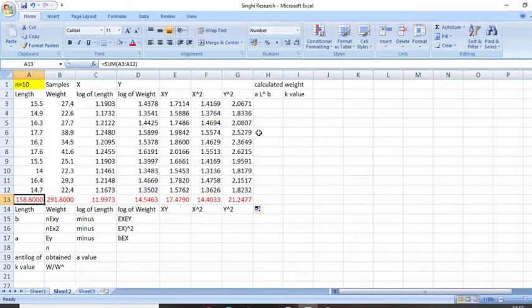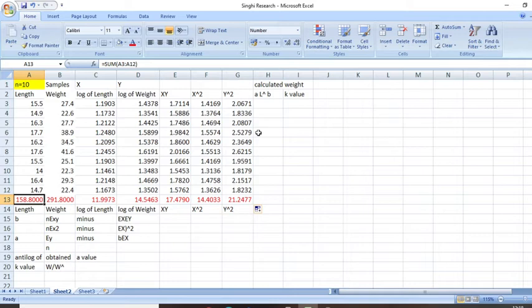So if we take natural logarithm with base e or logarithm with base 10, the above model will become a linear equation of log of W is equal to log a plus b log L, which is in the form of y is equal to a plus bx, where log of a is the intercept and b is the slope or the regression coefficient.